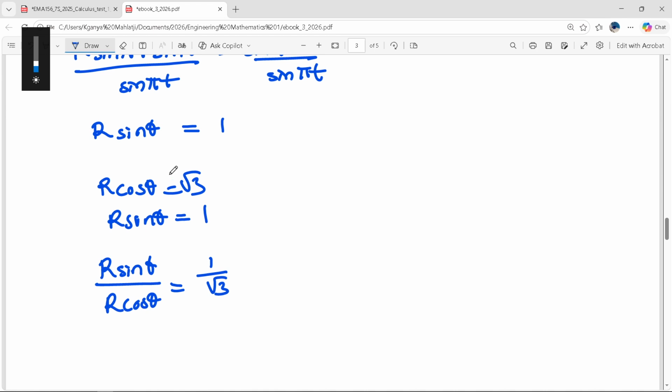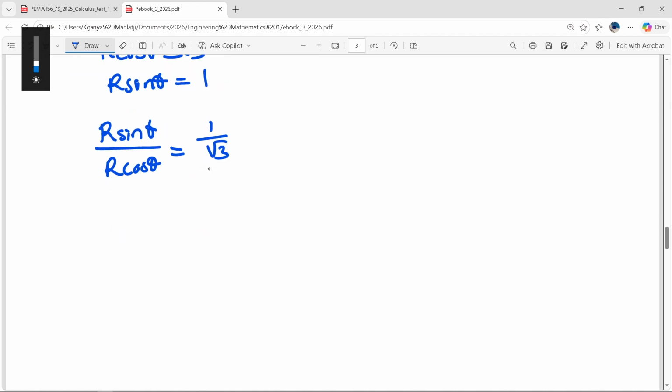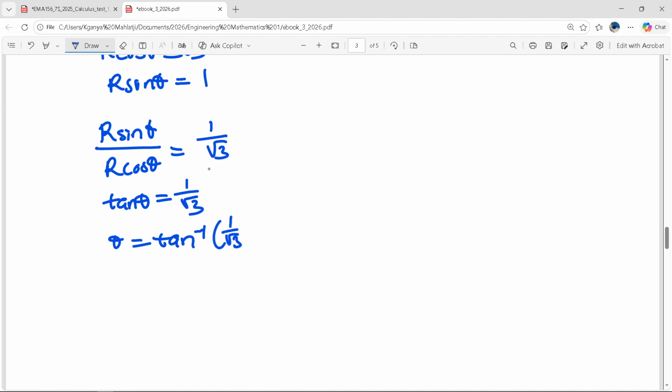From here you can say tan theta equal 1 over root 3. Therefore theta equals arctan 1 over root 3.